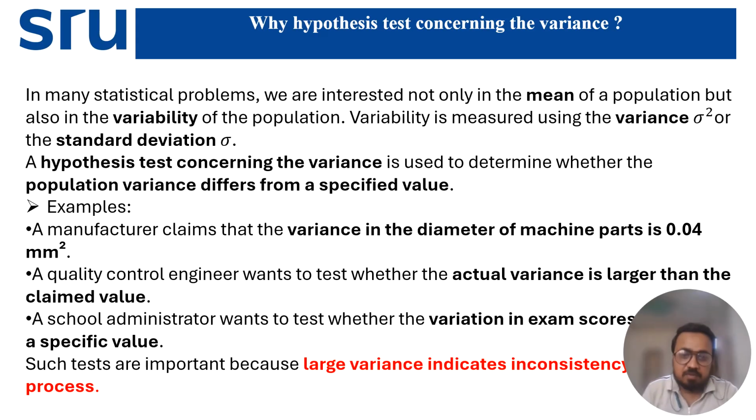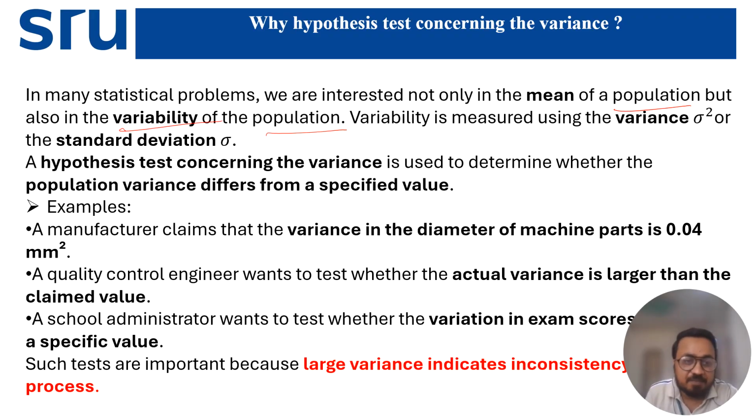Now first we discuss why hypothesis tests concerning the variance. In many statistical problems, we are interested not only in the mean of a population but also in the variability of the population. Variability is measured using the variance, denoted as sigma square, or the standard deviation sigma. A hypothesis test concerning the variance is used to determine whether the population variance differs from a specific value.